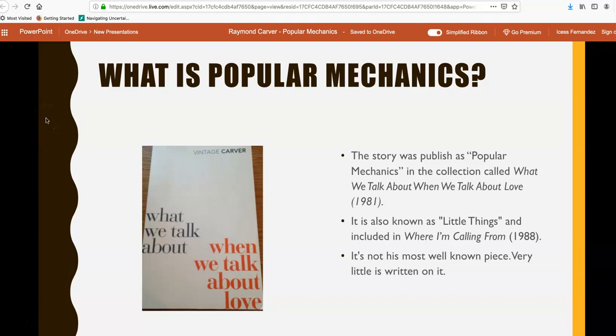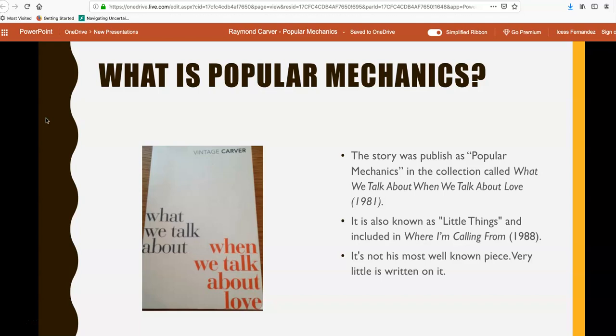This story, Popular Mechanics, is interesting not only because of what happens in the actual story, but also because there are two versions of it. One version was called Little Things, and it was included in a collection called Where I'm Calling From, in 1988, the year that he died.